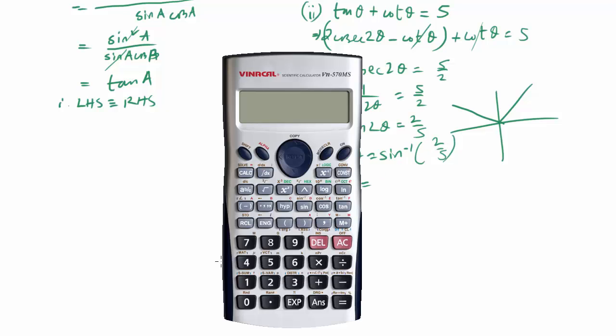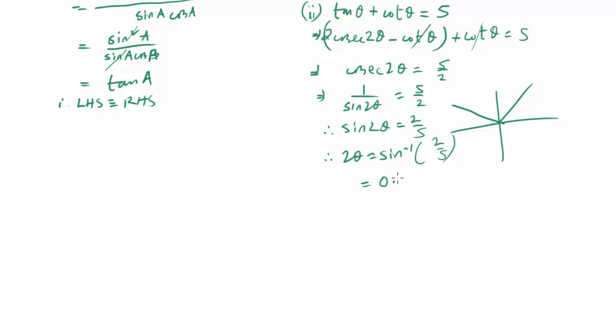So let's bring out the calculator and convert the mode to radian mode. Sine inverse of 2 by 5 is 0.412.